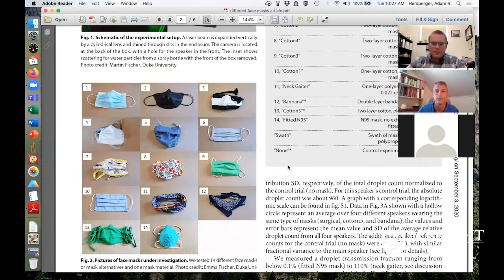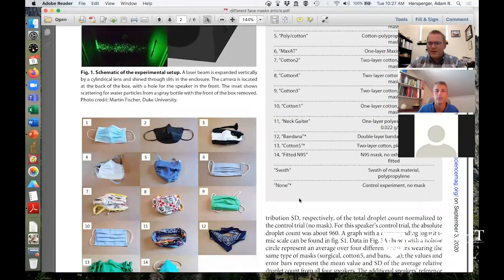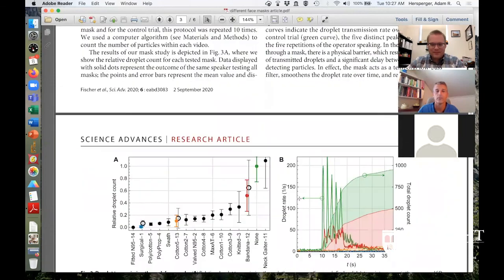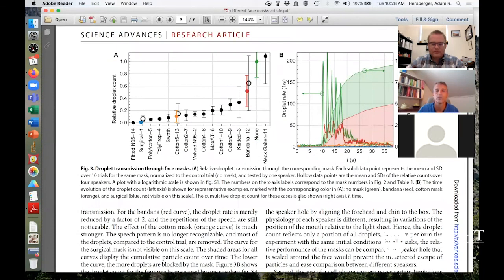Okay. Can you summarize a little bit of what they found? Sure. If you scroll down, they have a graph there. The graph on the left, figure 3A, shows the different types of masks and how effective they were at cutting the droplets down.